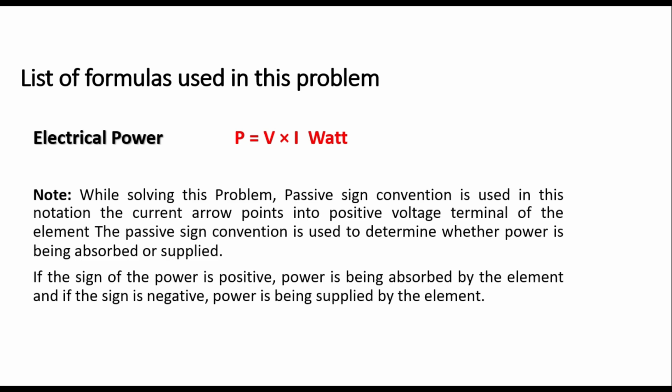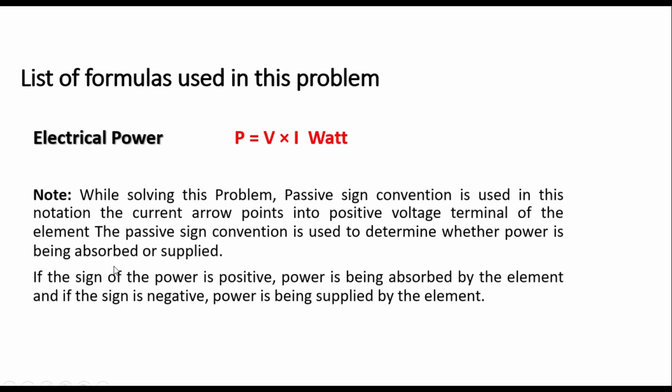Whenever our current direction is entering the positive terminal of the voltage source, we will be considering it positive convention of current. And if the arrow of current is entering from the negative side of the voltage terminal, then we will be considering it as negative sign. In preceding slides you will get an idea how I have used this convention.